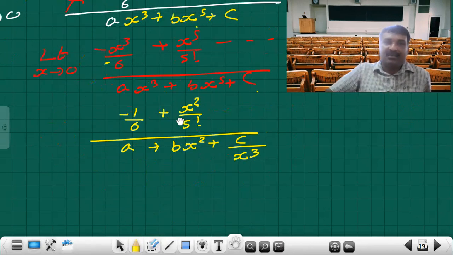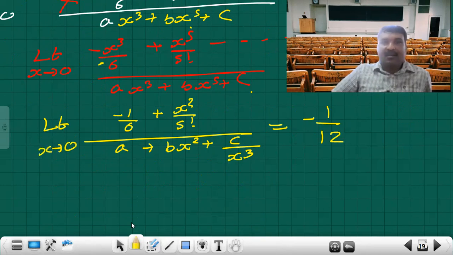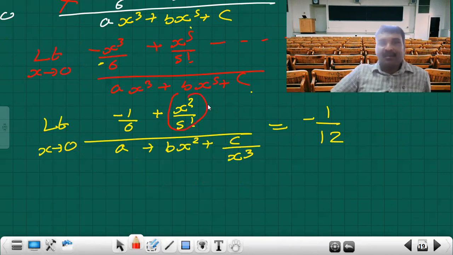Okay, c by x cube. That is equal to minus 1 by 12. Again, limit x tends to 0, whatever this term, this is equal to 0, right? Okay.